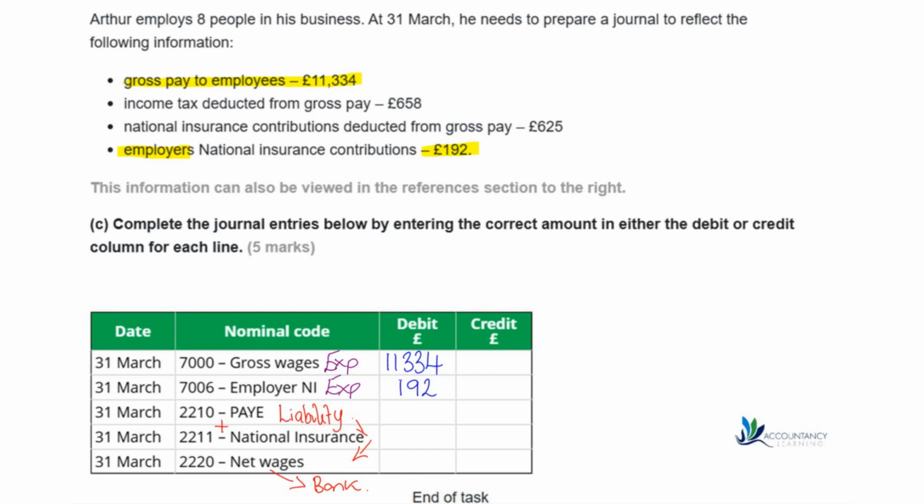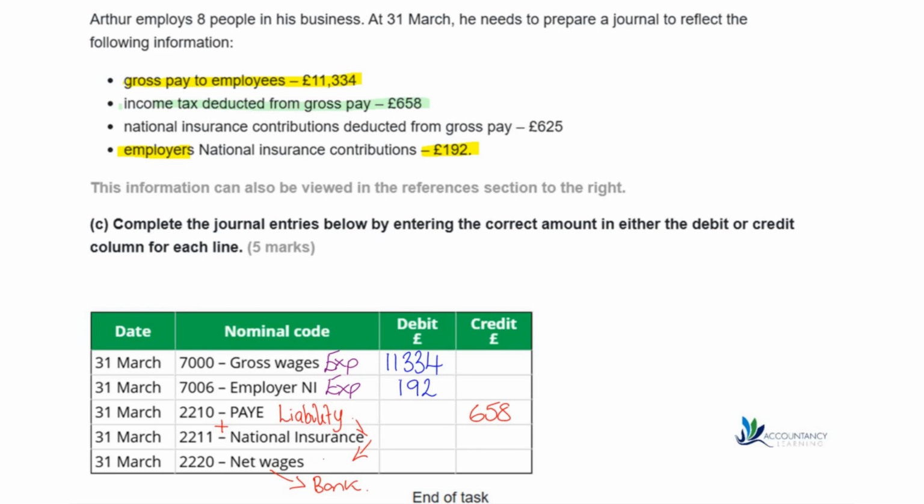So looking at the PAYE, so that is your income tax. So for that one, it's just the £658. That's how much we have to pay to HMRC on behalf of our employees.